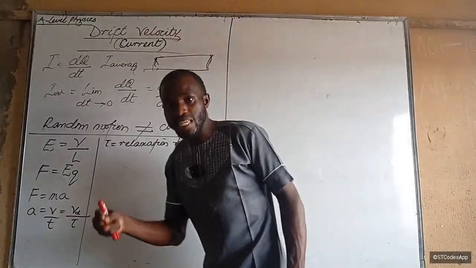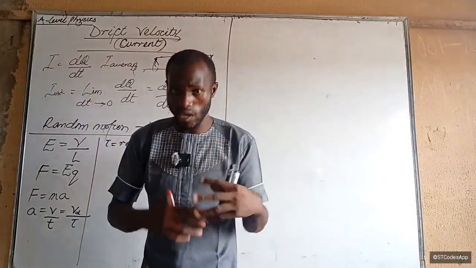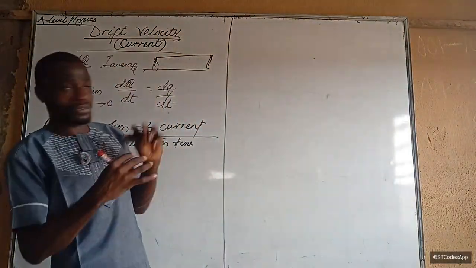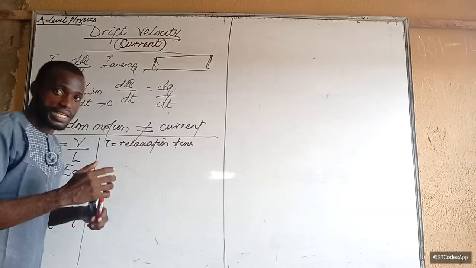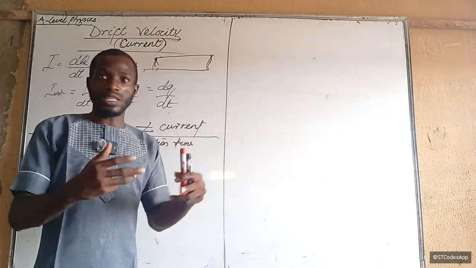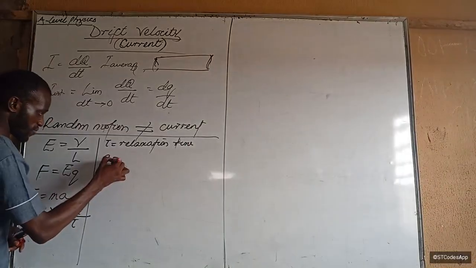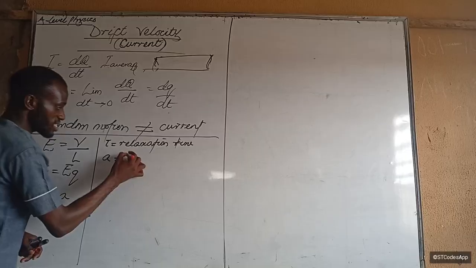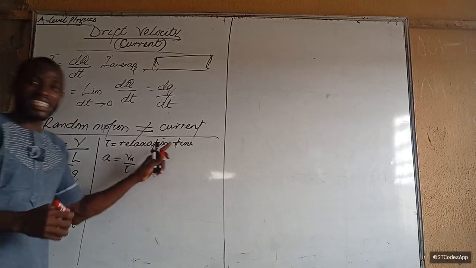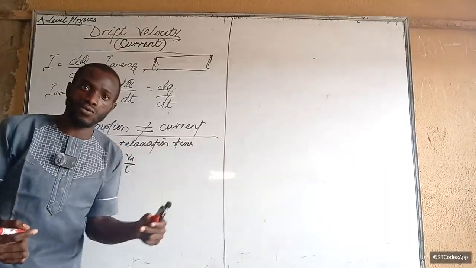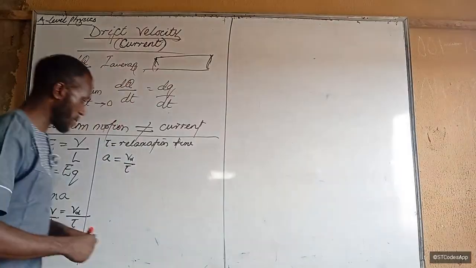The electrons are moving and they are colliding with the lattice structure of the metal. Just keep up with me, you are going to understand it. They are colliding with the lattice structure, and because of that, they are gaining speed. So this acceleration, therefore, is going to be the drift velocity over tau, which is the time in between any two successive collisions. All right.